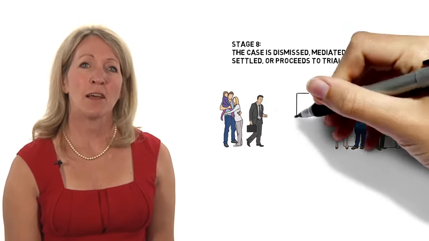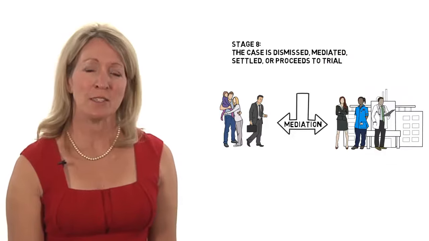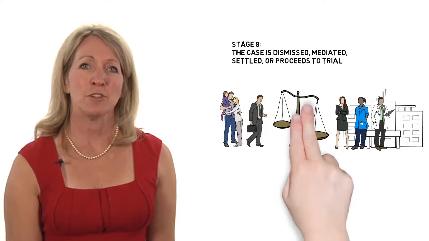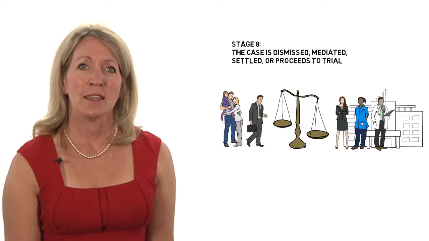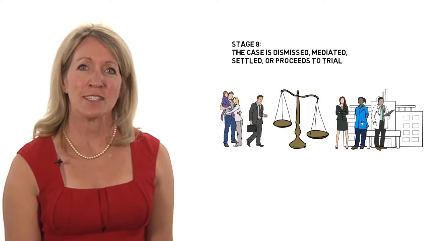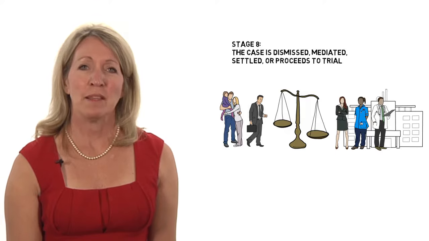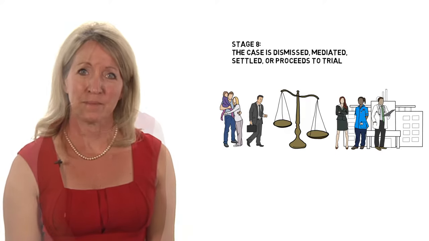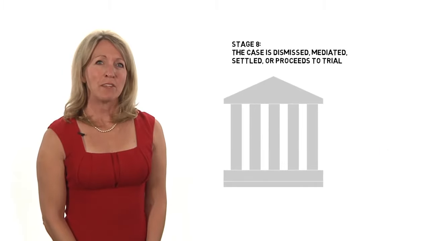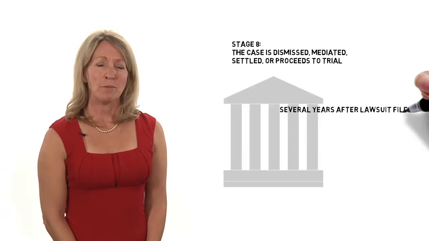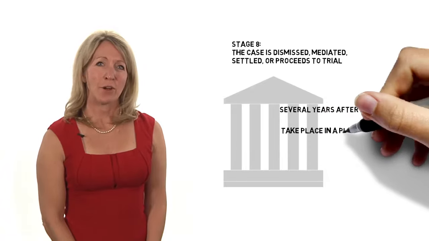If the lawyers cannot come to an agreement, the case may proceed to mediation to try to settle it. If mediation fails, the lawsuit may then proceed to trial. The plaintiff, the defendant nurses, the defendant doctors, and the experts who provided opinion may then be called to testify in court. Trial may take place several years after the lawsuit has commenced. It will take place in a public courtroom, and all evidence will be given under oath.